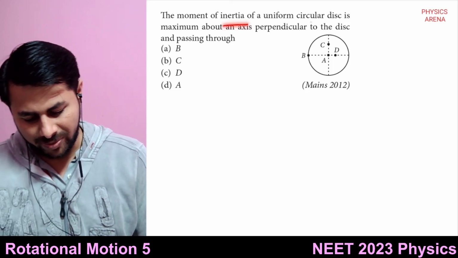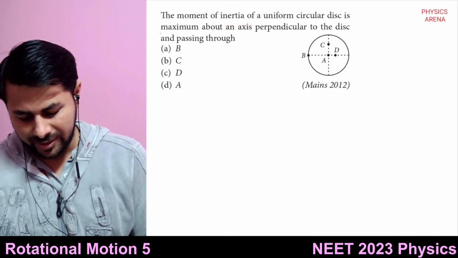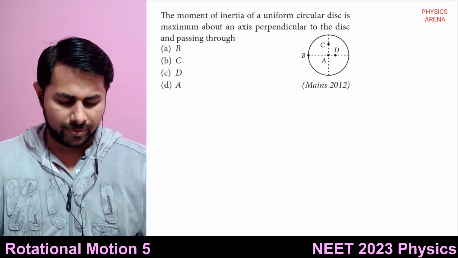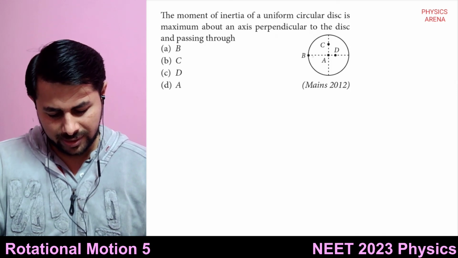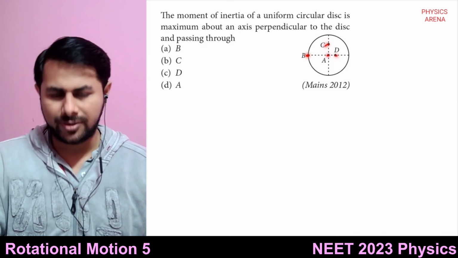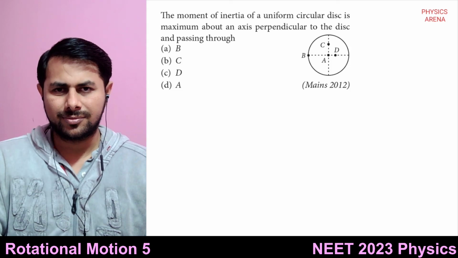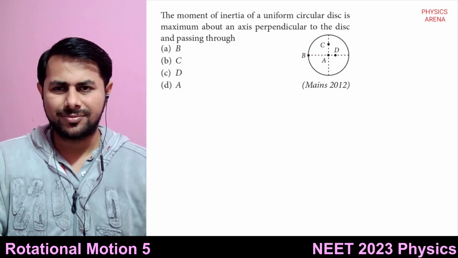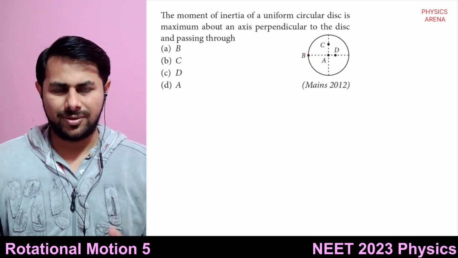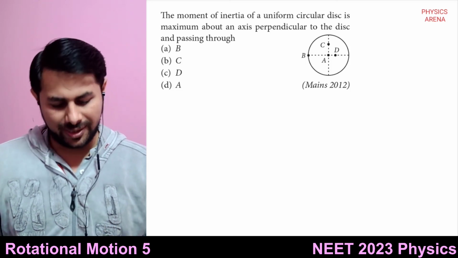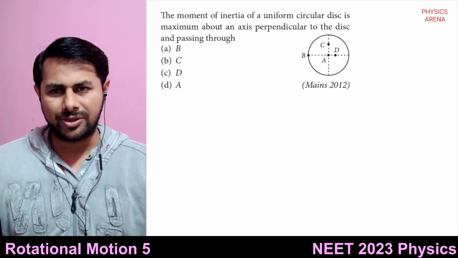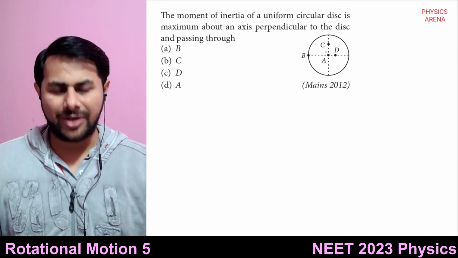The moment of inertia of a uniform disk is maximum about an axis perpendicular to the disk and passing through which point? Is it this point, this point, this point, this point? It will be this point, because IO is equal to IC, that is the moment of inertia about the center, plus mh square.